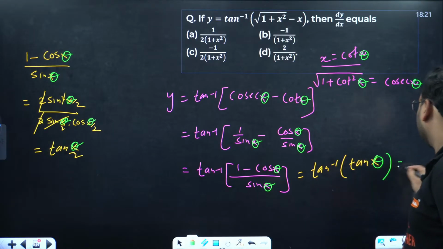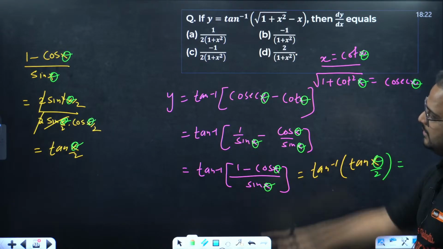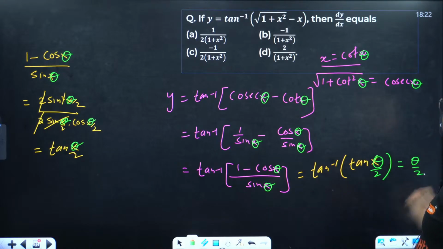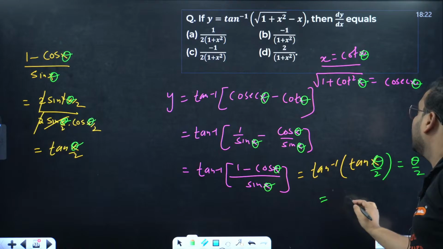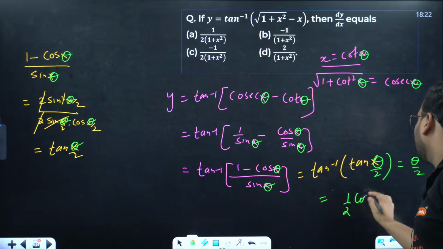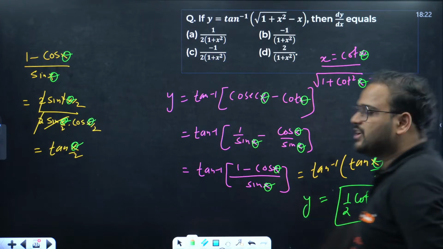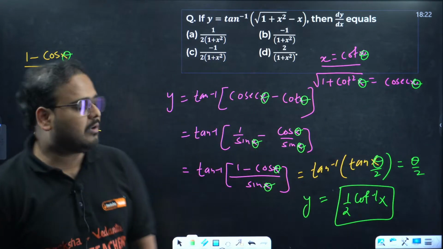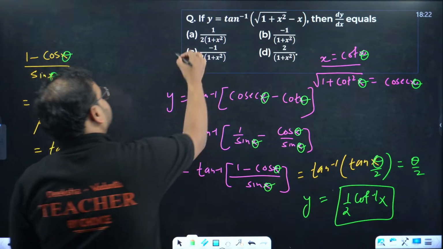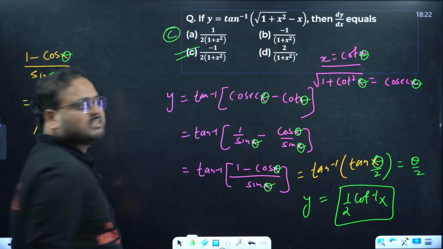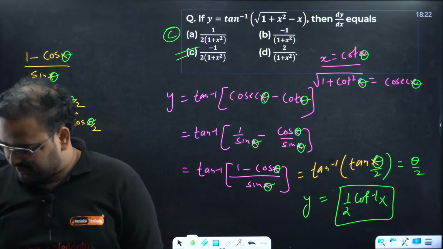So this becomes equal to theta by 2 actually. It becomes theta by 2. If x is cot theta, it means theta is cot inverse x. So I'm getting this value as half of cot inverse of x. This is the value for y. Differentiate this, you're going to have minus 1 upon 1 plus x square with 2. So answer is coming as option C. Answer is coming as option C. Mantesh, please check.